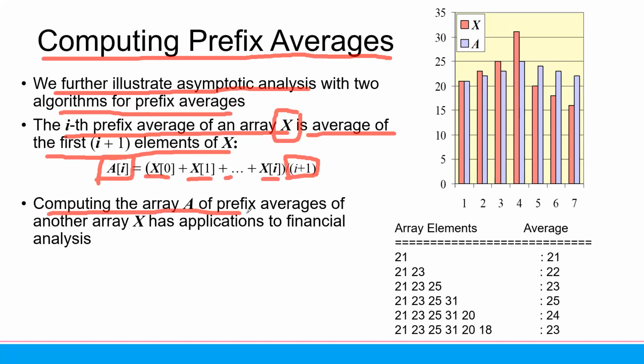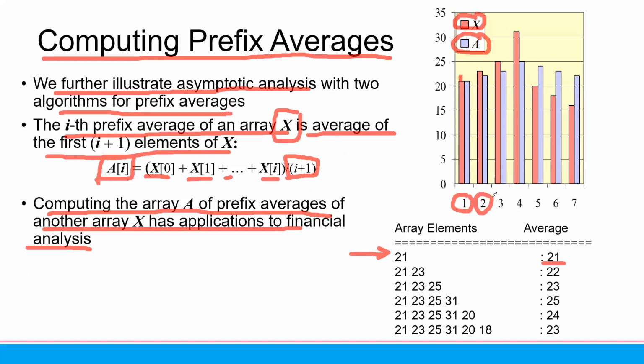Computing the array A of prefix averages of another array X has application to financial analysis. For example, at time 1 we have X in red and A in blue. The X is 21. When it is 21, the average is 21 because it has only one value.